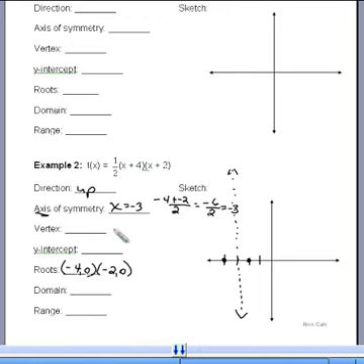The x value of the vertex is on the axis of symmetry, so that's at -3. Now we have to figure out the y, so we figure out f of -3, and that's going to be 1/2 times (-3 plus 4) times (-3 minus 2). We just put -3 in for the x's.